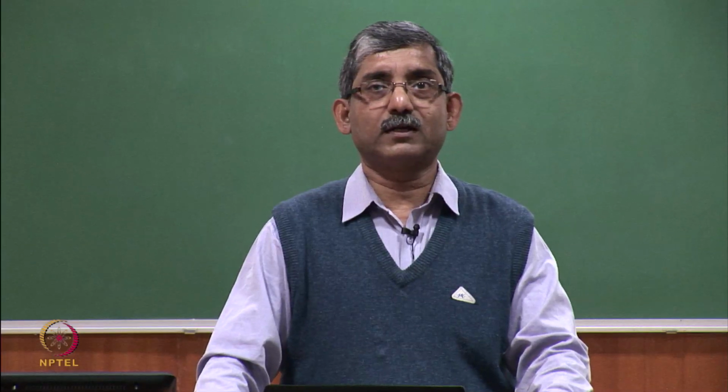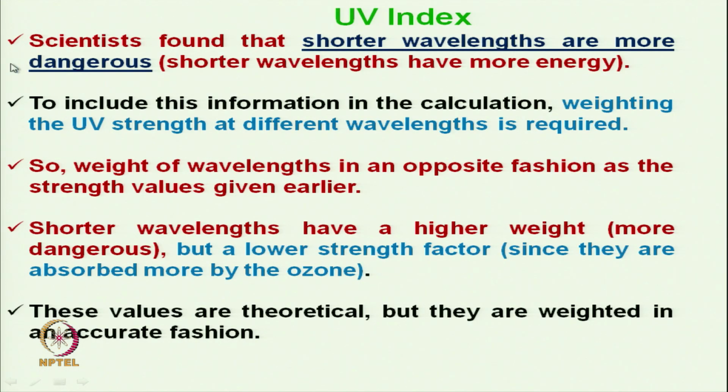Scientists found that shorter wavelengths are more dangerous because they have higher energy. Shorter wavelengths with higher energy are more dangerous to human health, and they also affect materials at a higher rate. To include this information in the calculation, weighting the UV strength at different wavelengths is required.